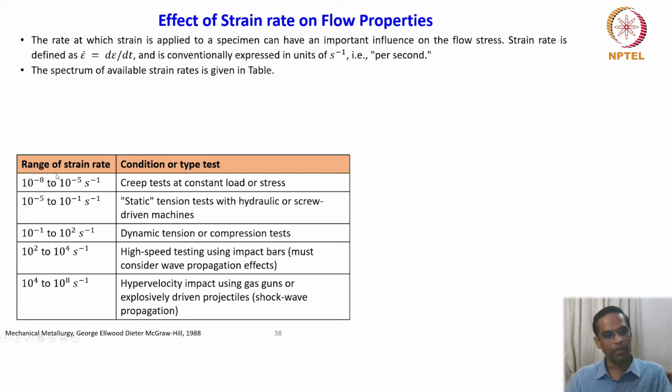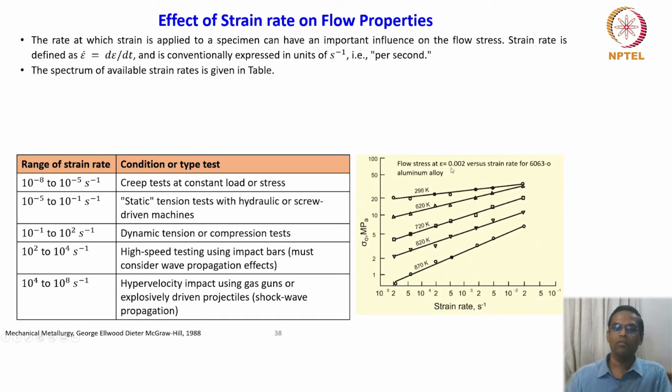So these are the typical strain rate ranges and the corresponding tests, which is very important. You should know this. Most tension tests are done with the initial strain rate. You can also do constant strain rate experiments, but conventionally it is not done in every laboratory. It is always the initial strain rate that you have to remember.